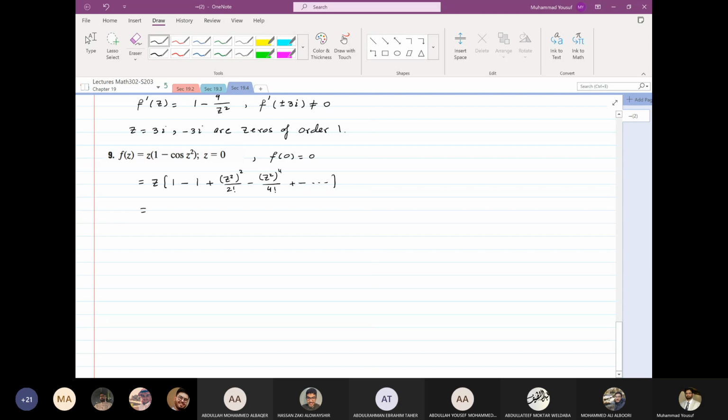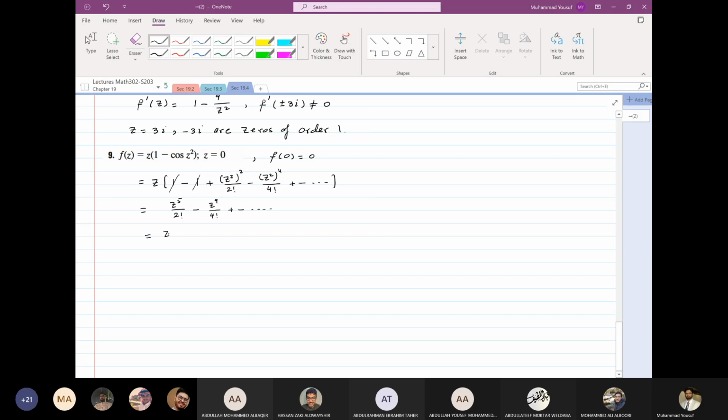Now this 1 and minus 1 cancel and we take it inside, we get z power 5 over 2 factorial minus z power 9 over 4 factorial plus minus and so on.